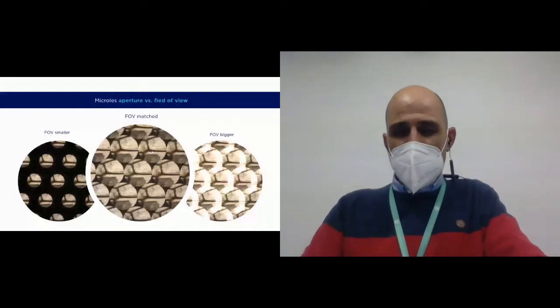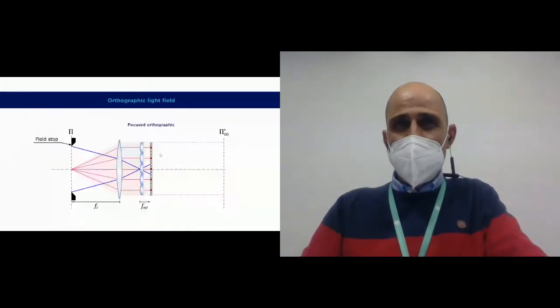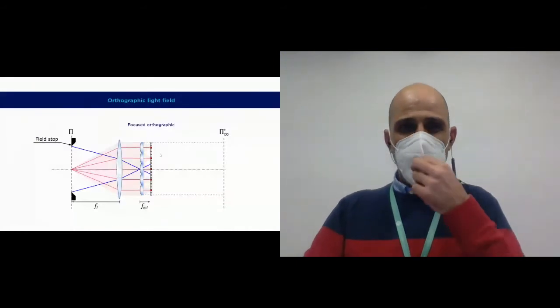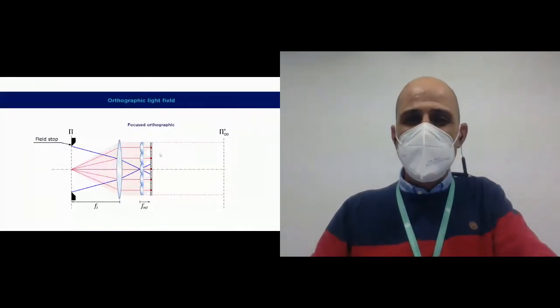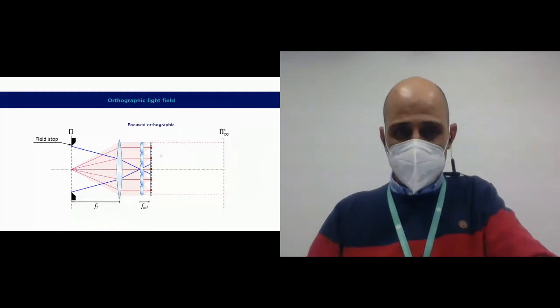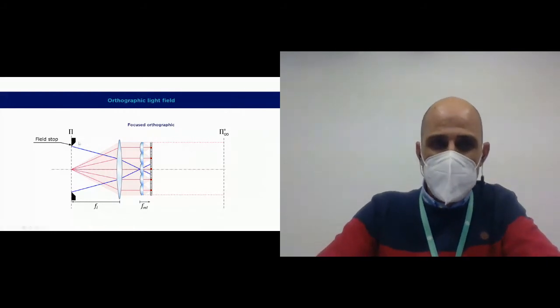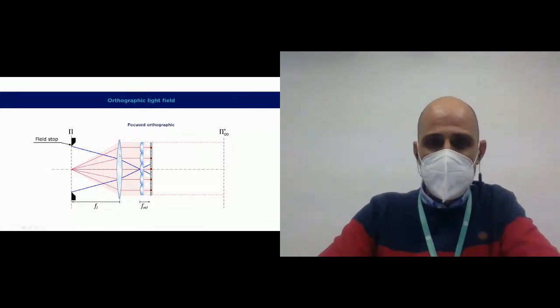We use a new way of capturing light field images. We capture orthographic views. In this case, we limit the field of view not with the aperture of the main lens, but with an independent field stop.